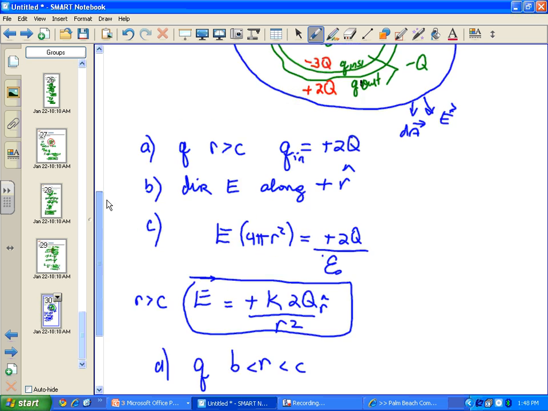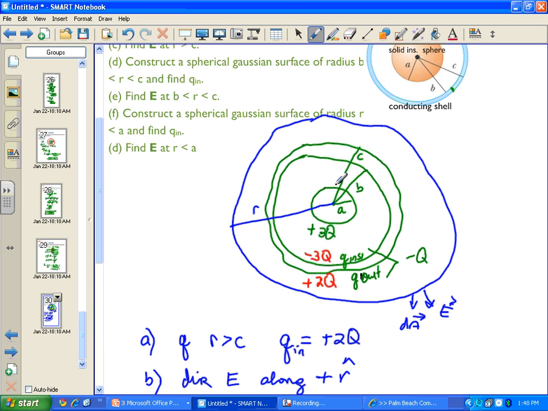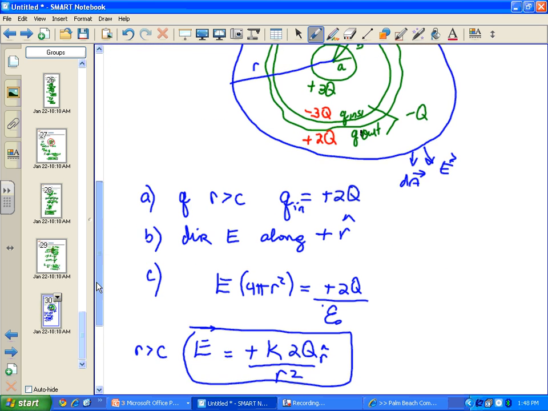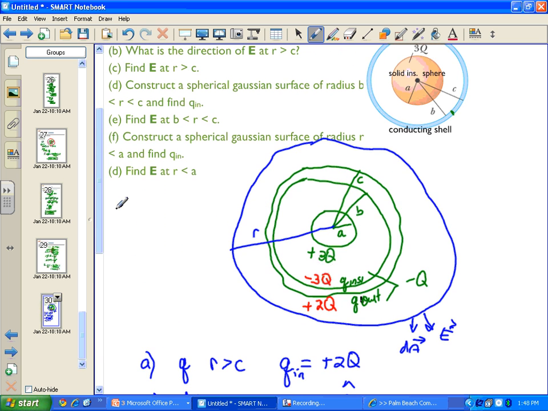Let's identify where this is. It has to be in the interior of the conducting shell.